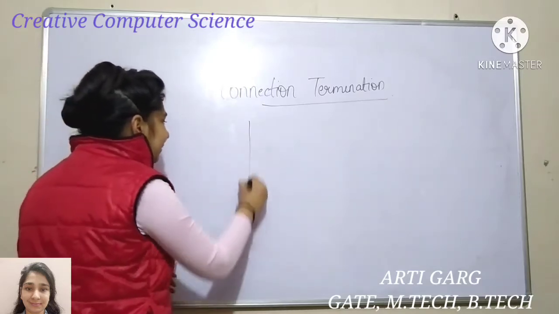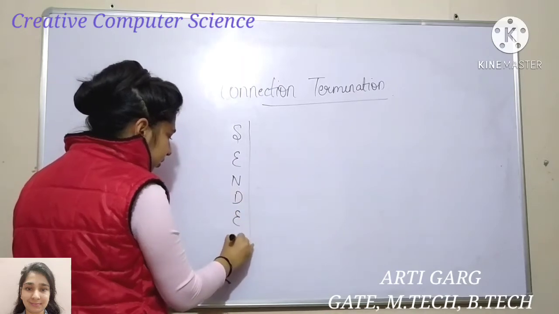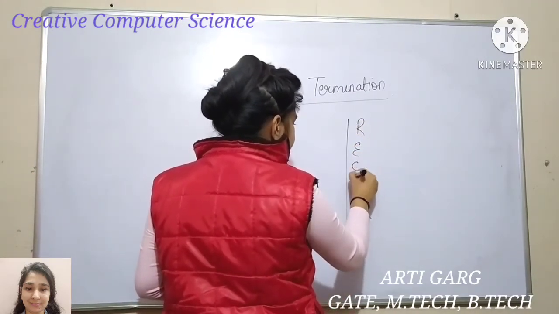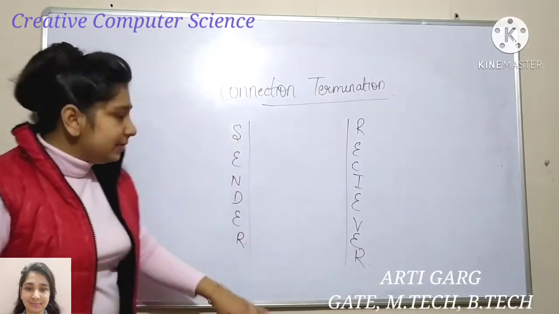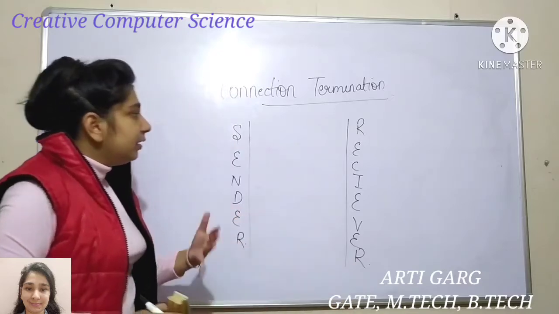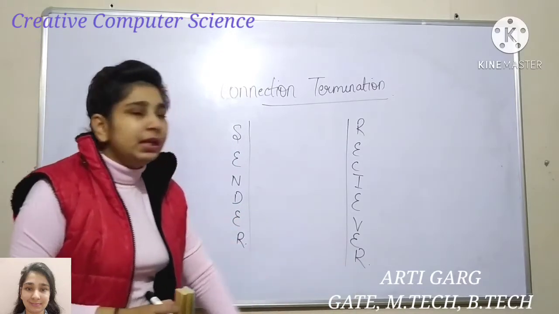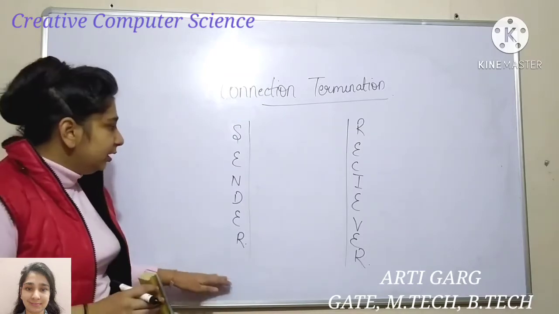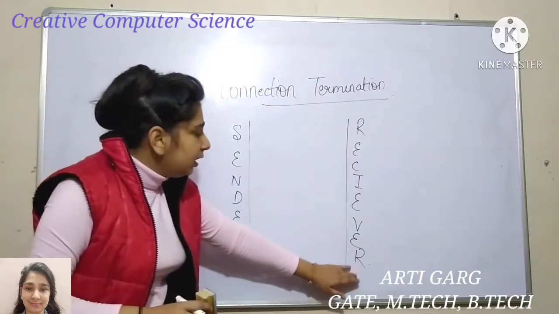What does it mean? Let's suppose this is a sender and this is a receiver. Now the sender wants to disconnect from the receiver. The sender doesn't want to send more data to the receiver. It just wants to disconnect.